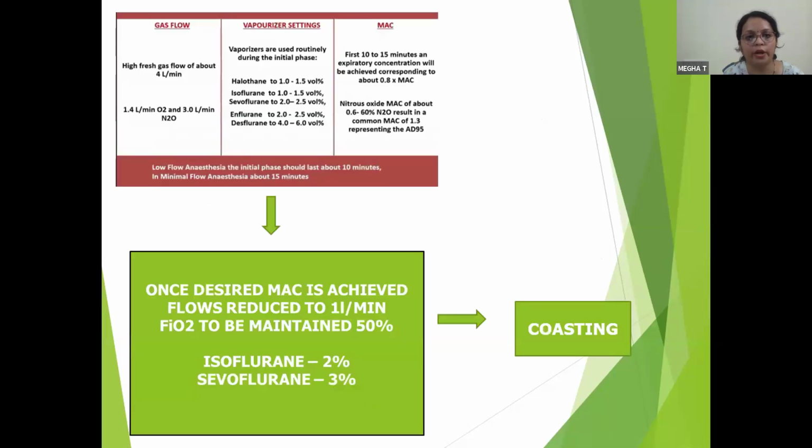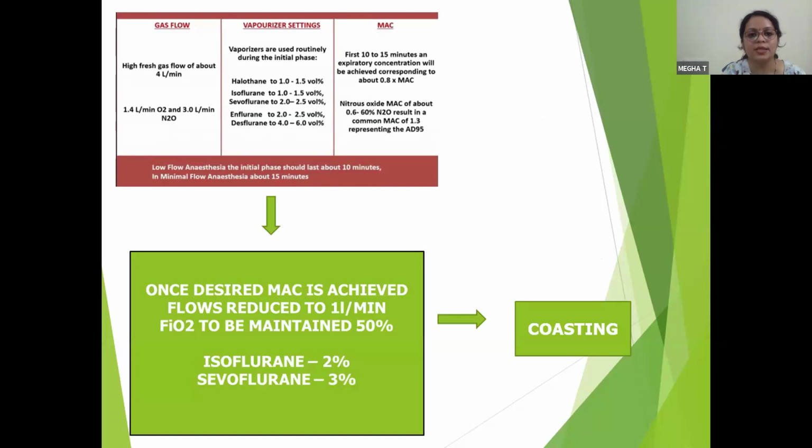So just to summarize what I've already told. Gas flow in the initiation phase is 4 liters of oxygen. Here we are using an oxygen and nitrous oxide mixture, that is 1.4 liters per minute of oxygen and 3 liters of nitrous. And these are the settings of the volatile anesthetics. By 10 minutes, the end expiratory volatile anesthetic concentration should correspond to 0.8 MAC.